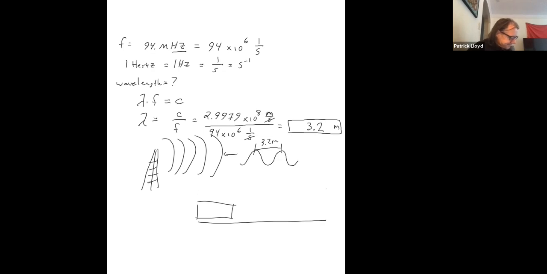If you're trying to get that wave through the tunnel, it could be kind of a problem because the height of the tunnel is about 9 feet, maybe 10 or 11 feet. So that wave just kind of barely fits in there. So FM waves kind of barely work through car tunnels.